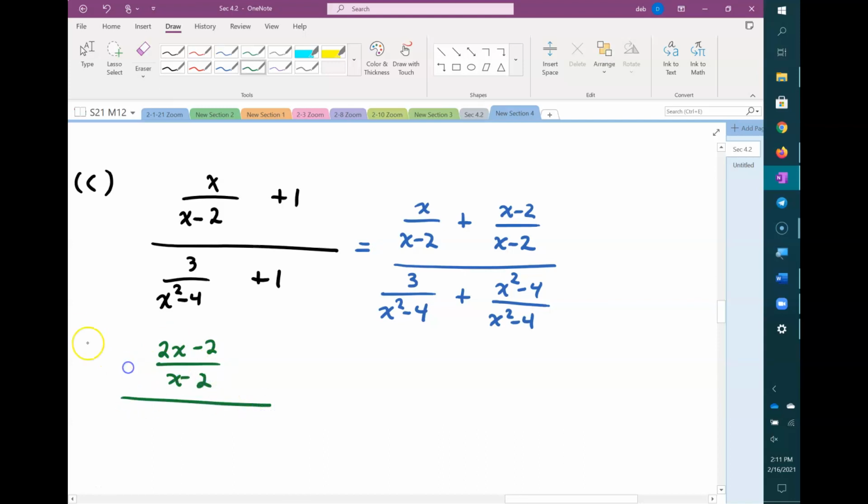And then I kind of exaggerate how big the main fraction line is, just so I don't get confused later. Then I'll have x squared minus 1 over x squared minus 4. And the way we do this divide, we multiply by the reciprocal.